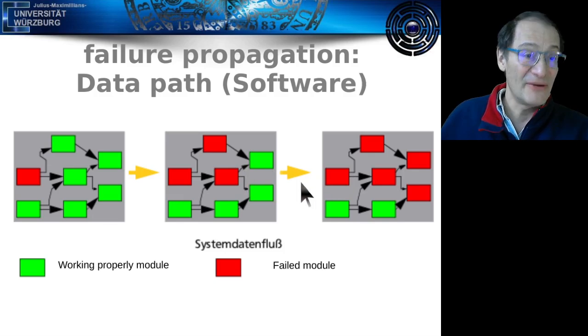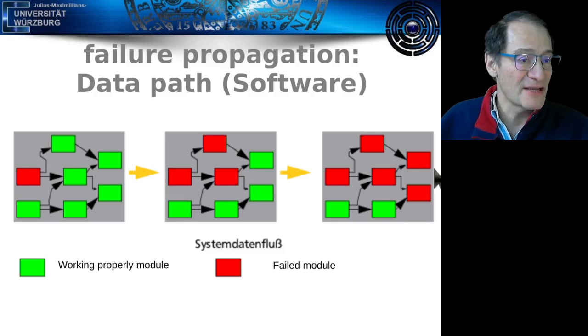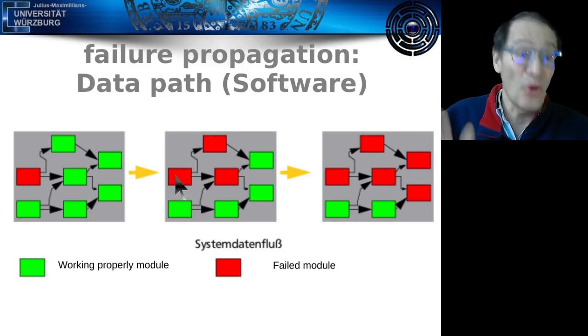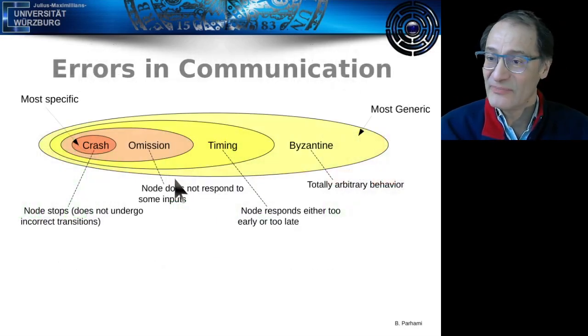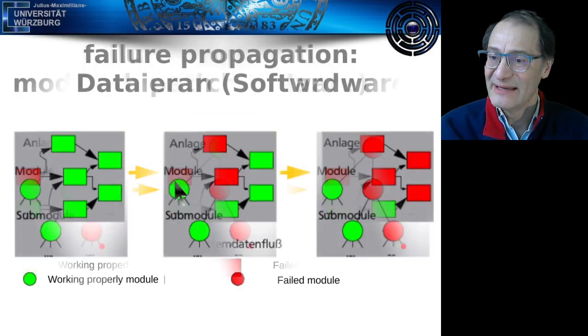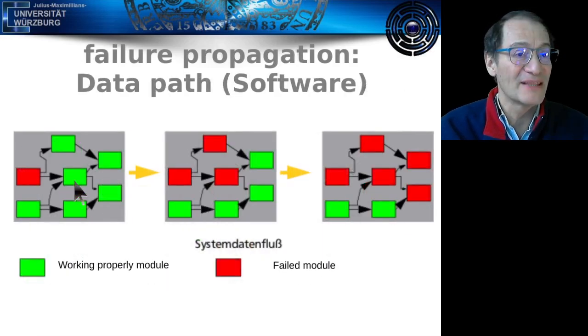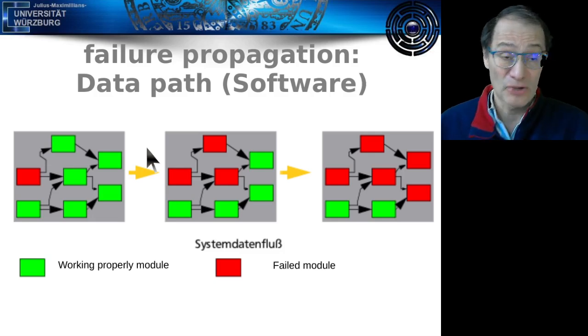So we have a failure propagation along the data path, not where the module is built. So like before, it's not important which module is built in which other submodule, but which module is consuming data from which submodule. And that is the difference between hardware and software, in how the failure is going to be propagated.